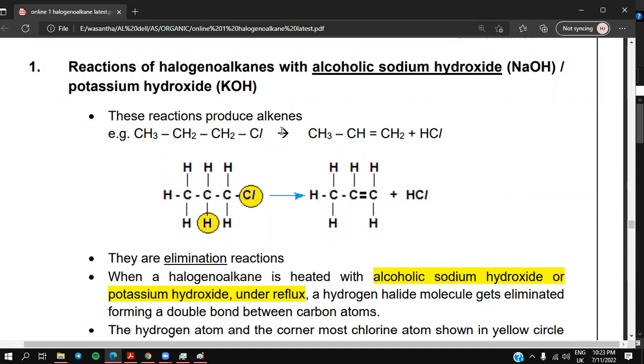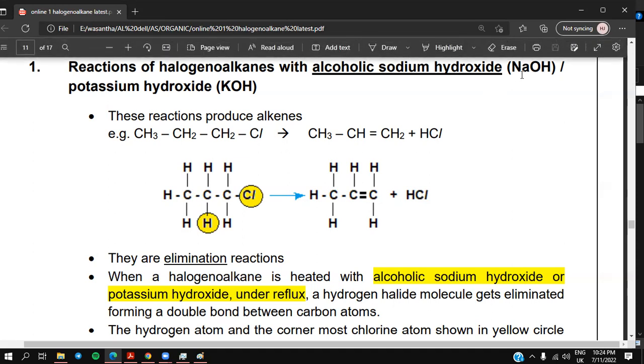Our first reaction under halogenoalkane is the reaction with alcoholic sodium hydroxide and potassium hydroxide. Halogenoalkanes react with sodium hydroxide in alcoholic medium. Instead of sodium hydroxide, we can use potassium hydroxide also.